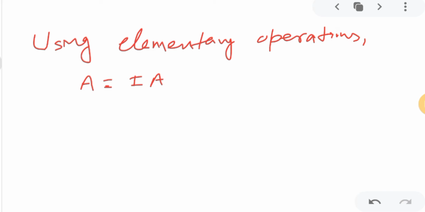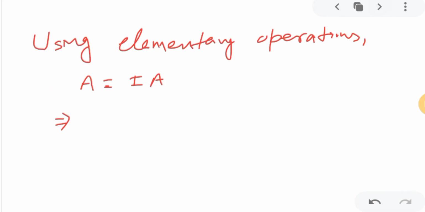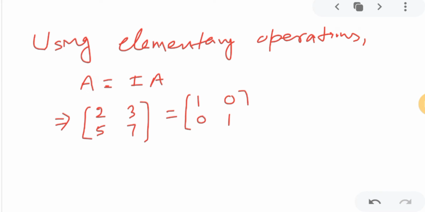Now on the left side I will replace this A with the matrix 2, 3, 5, 7. On the right side I will write I, the identity matrix of second order, 1, 0, 0, 1, and A I will write as it is.